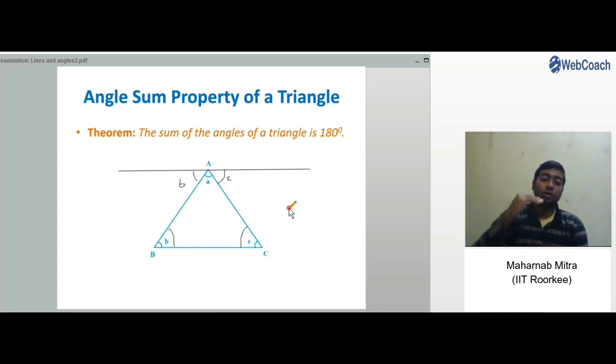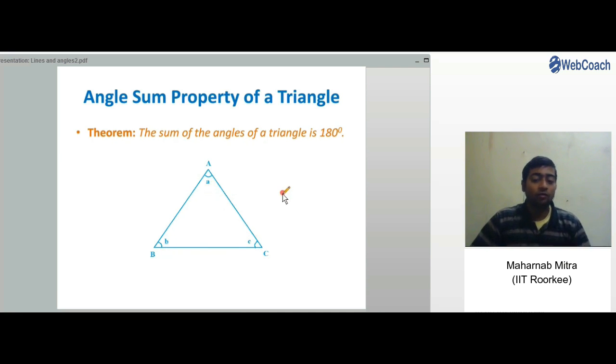Then we have got the alternate interior angles for angle B and angle C. And we have seen that all the angles are lying on a straight line, and therefore these three angles, angle A plus angle B plus angle C, add up to 180 degrees. Now if I remove all this, you can easily say that angle A plus angle B plus angle C equals 180 degrees, and actually we have proved this theorem by using a line parallel to BC.